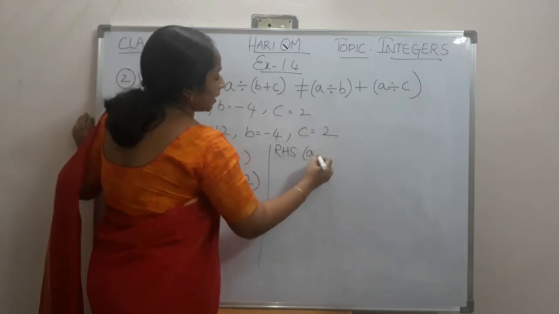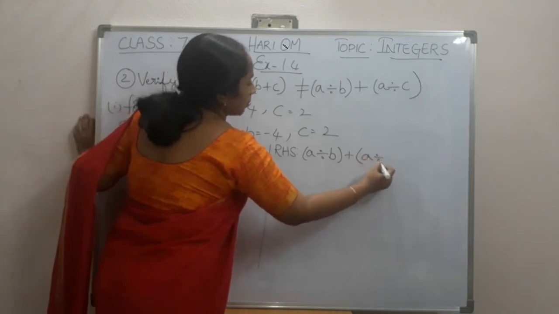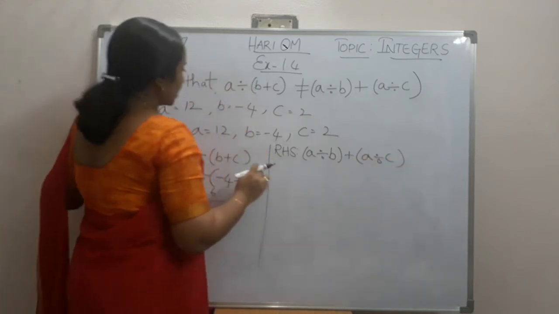Now coming to the RHS part. It is a divided by b plus a divided by c. What is it here?